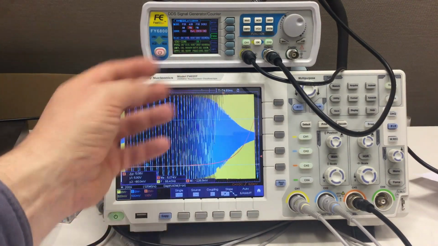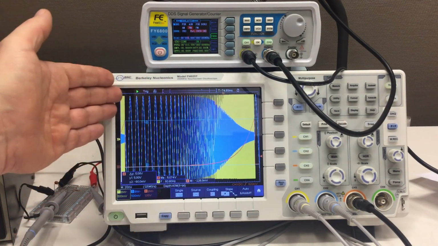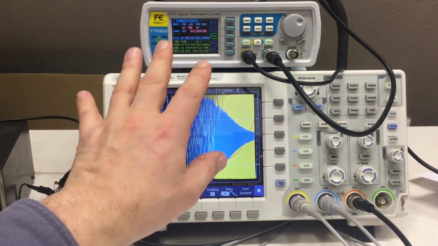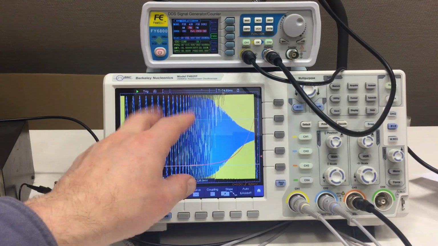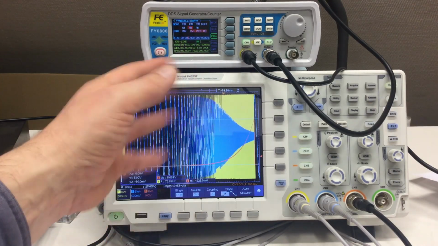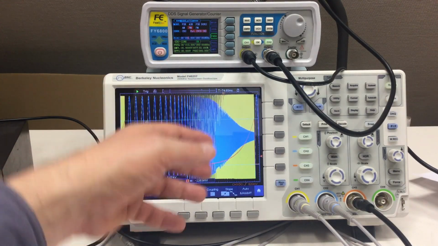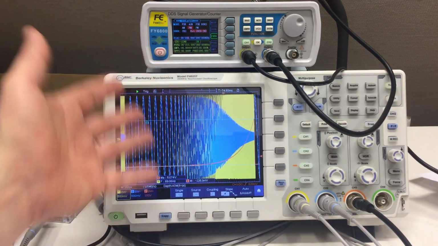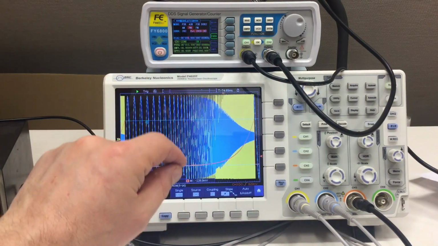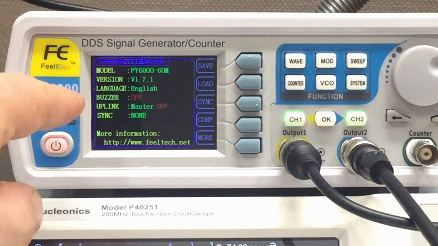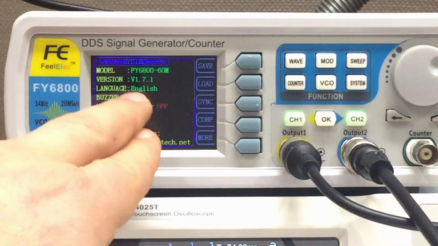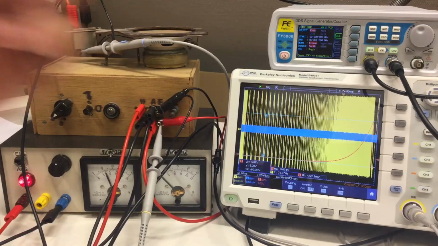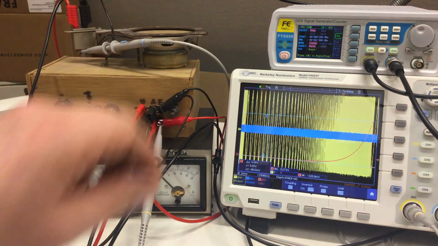And the tuning of the parameters to have exactly your 20 Hz start frequency and your 20 kilohertz end frequency is a pain in frequency modulation mode. Forget about it. I'm at version 171 with my unit.